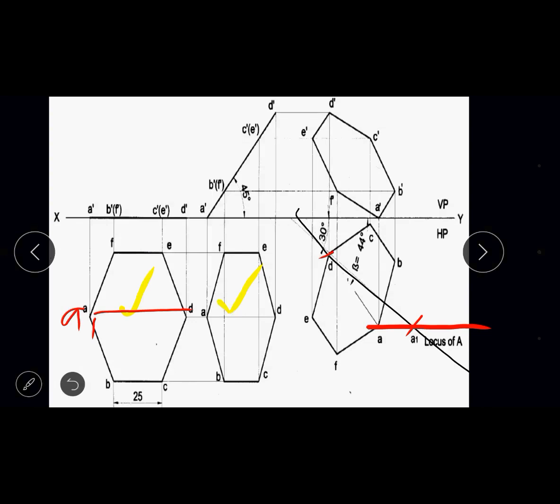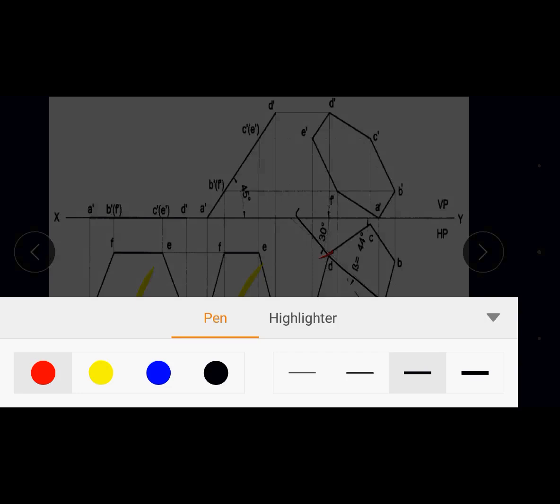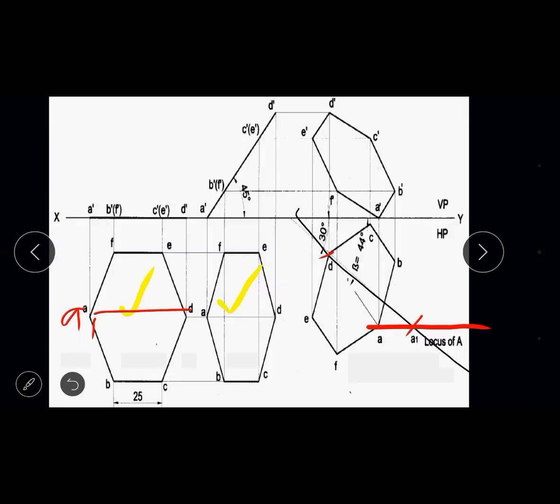I'll use blue color. Now we already know the median of the irregular lamina. We have already measured it. Take your compass, measure the median of the irregular shaped lamina, that is the line AD. Keep your compass at the same position D and cut an arc with radius AD on this locus line.